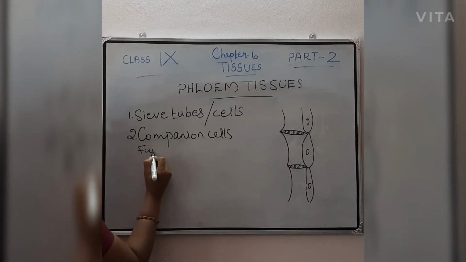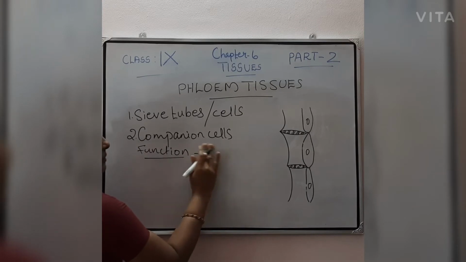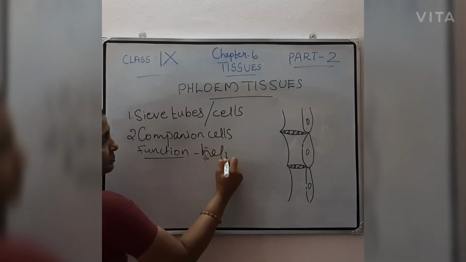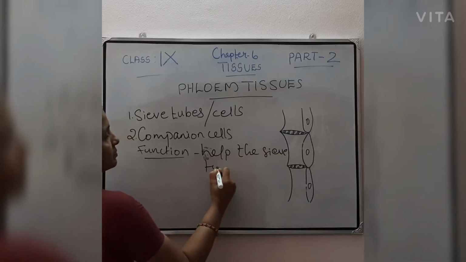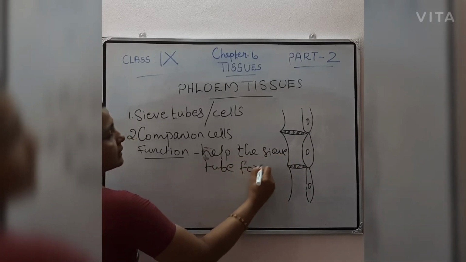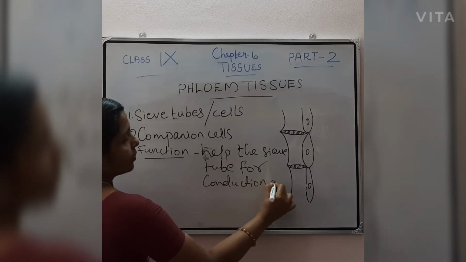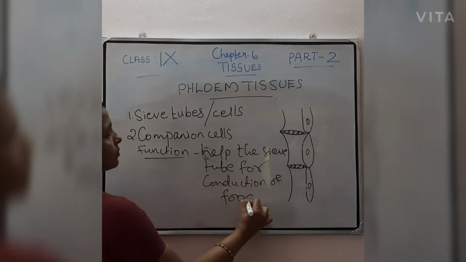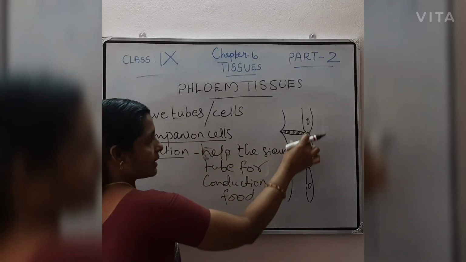The companion cells help the sieve tube for the conduction of food material, for the conduction of food. That is the function of companion cells.